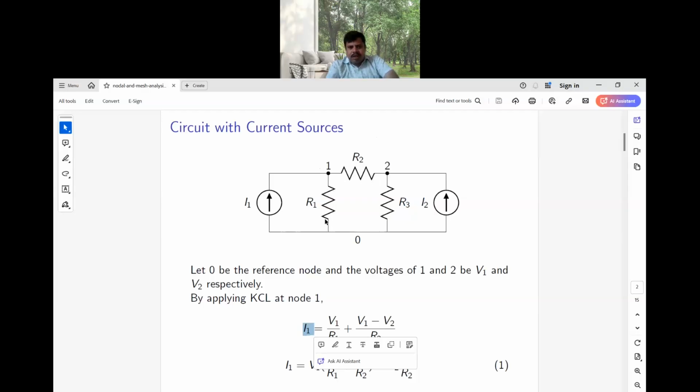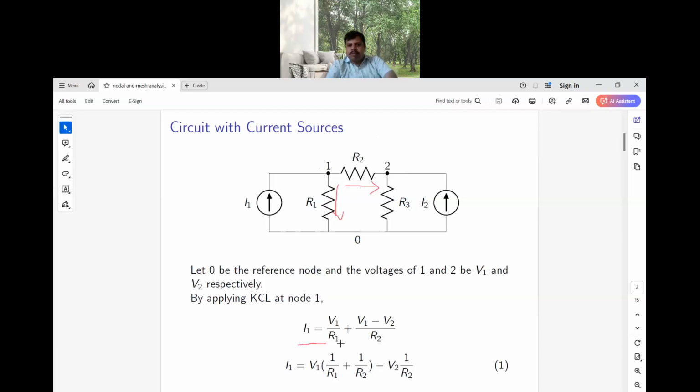The current through R1 is V1 divided by R1, and the current through R2 is V1 minus V2 divided by R2.